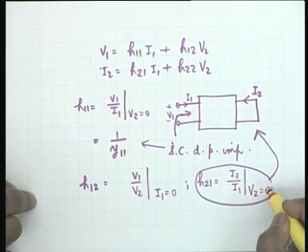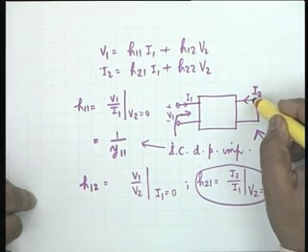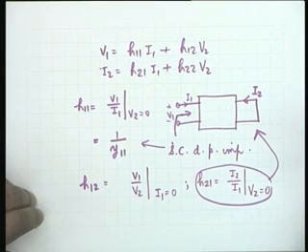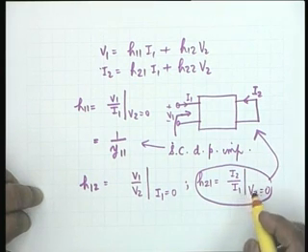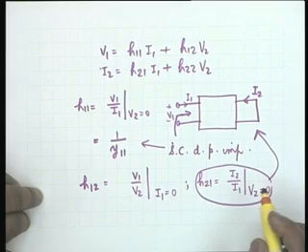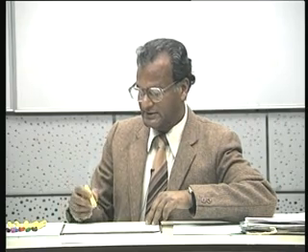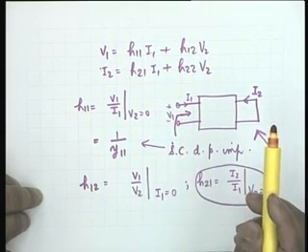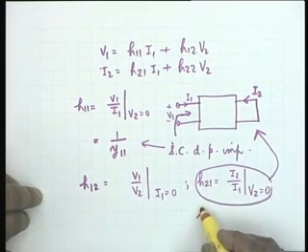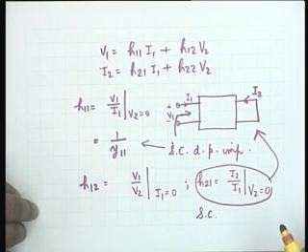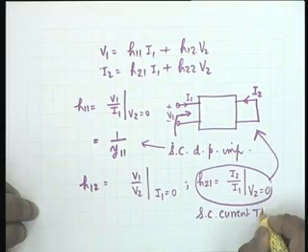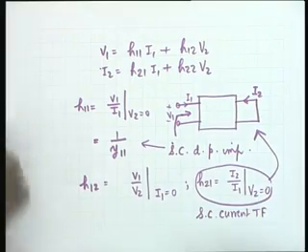Under the condition V2 equal to 0, find the ratio of I2 to I1, and that shall be H21. As you see, H21 is a current transfer function. It is a dimensionless quantity, the output current divided by input current with the output short circuited. So, this is the short circuit current transfer function.